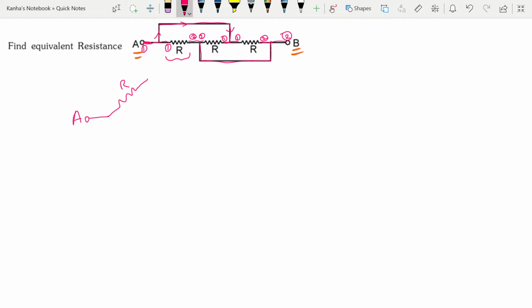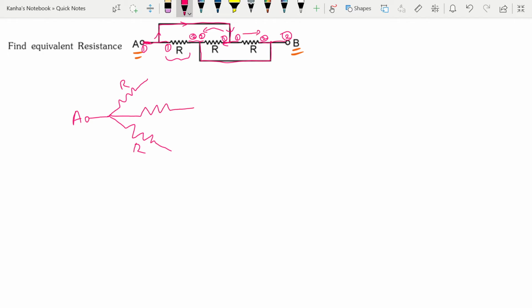I can go this way, 1 to 2 again. Also by doing this I can reach the end B. These two are basically at the same end B. Similarly, I can even reach from 1 to 2 by going along this path.